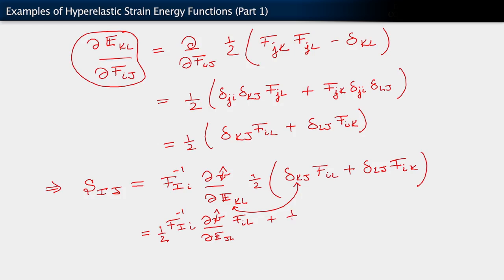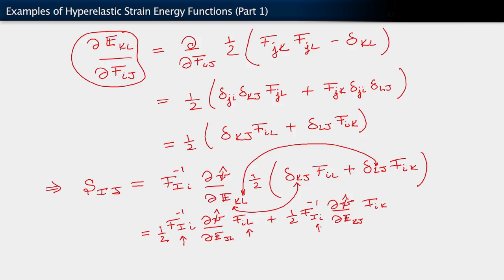And for the next term we have 1/2 F inverse capital I little i, and now the L from the Kronecker delta acts upon that L, and so we get a derivative of psi hat with respect to E. Let me see now what happens there. You get a Kj F iK.